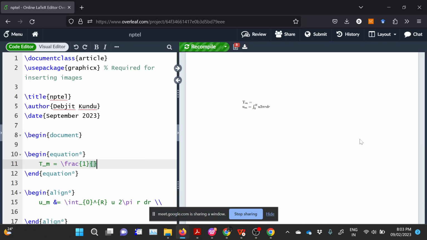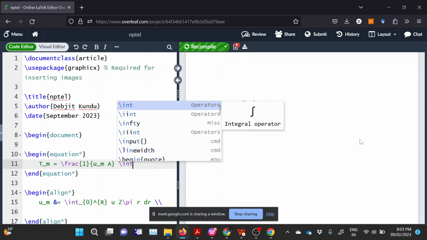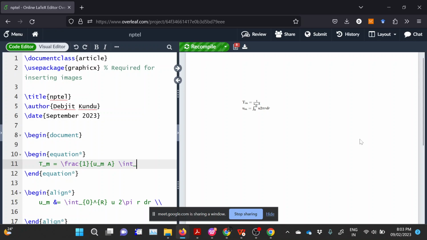So it's 1 over um into area multiplied by integration of, in this case, it goes from minus y naught to y naught.